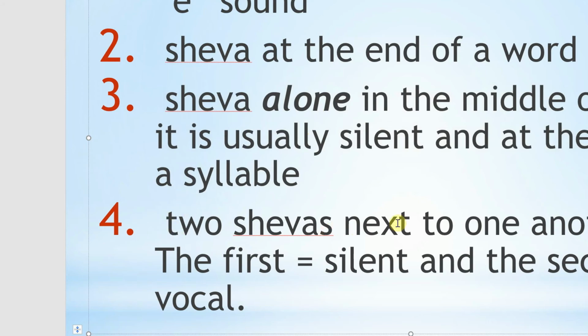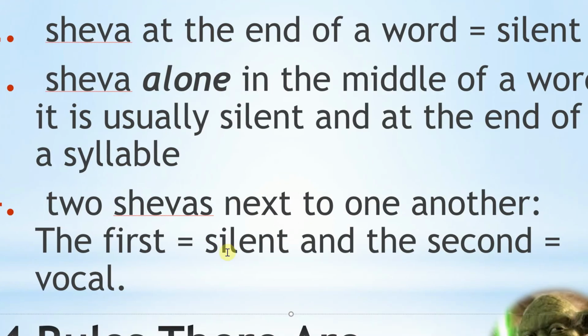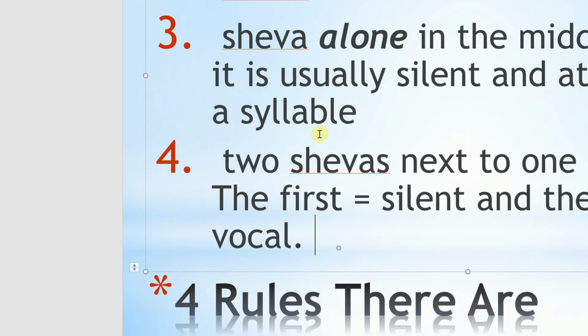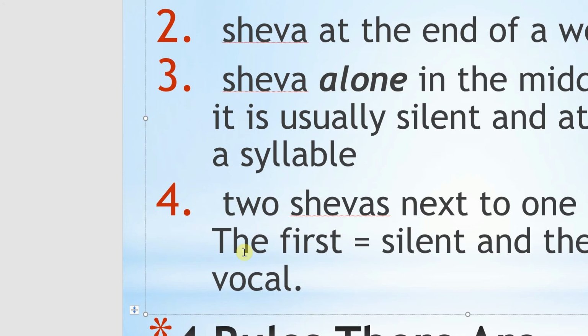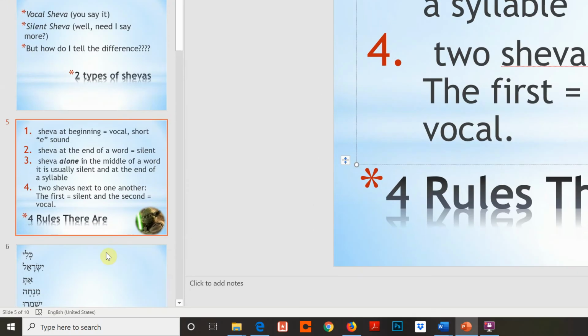Now, here comes the exception, or here comes a tiny qualification. 2 schwas next to one another. The first is silent and the second is vocal. Now you see the reason why I put the word alone here, right? So if you have 2 schwas immediately next to one another, the first is silent, the second is vocal. Let's look at some examples of that.